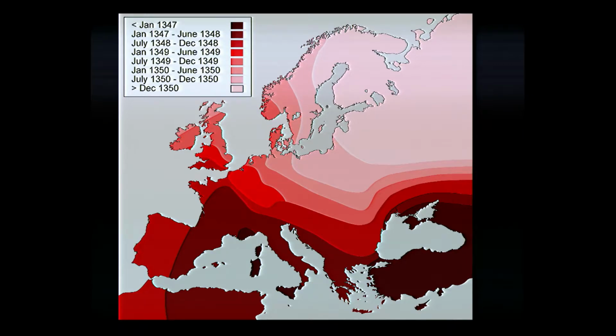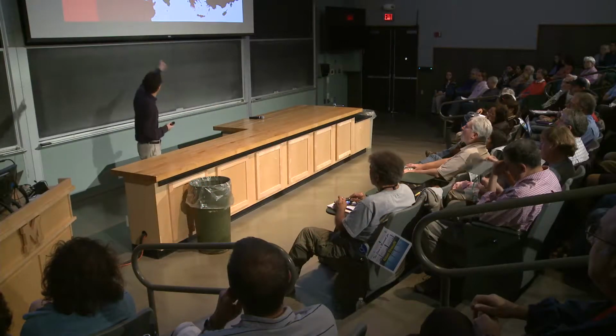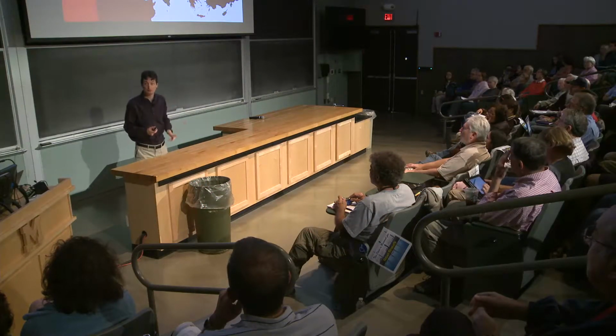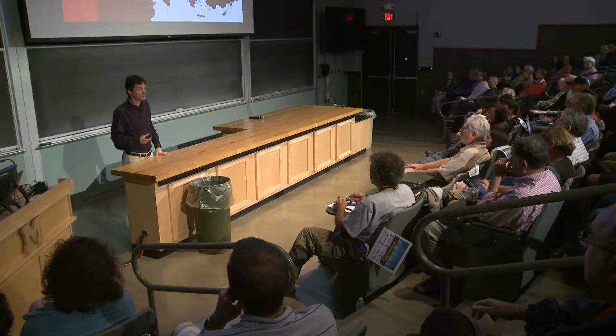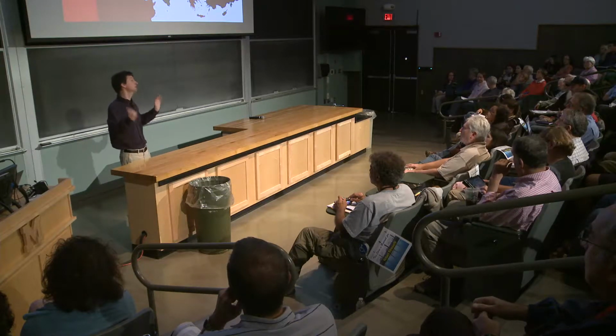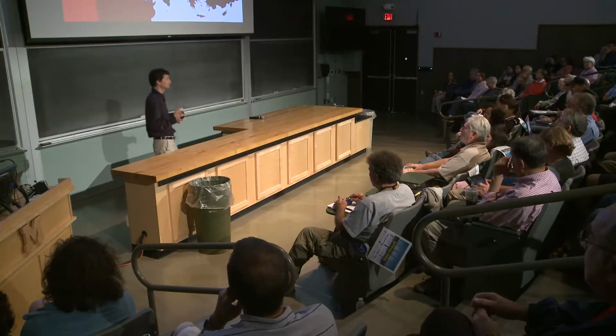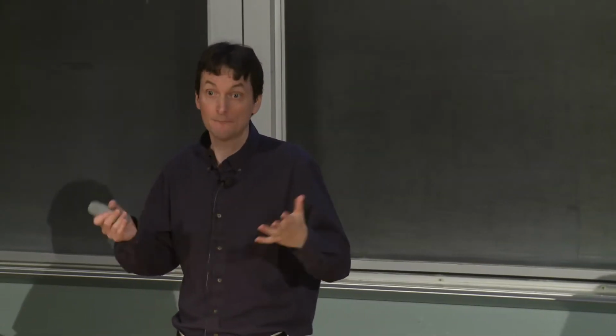So what this tells you is you didn't have the small world effect back in the 14th century. We do now. You can tell that by the way diseases spread, or by Milgram's experiment. But back then, at least looking at the way this disease spread, it looks like there was no small world effect. So the small world effect is not a given thing. It's not something that happens automatically. Apparently, it didn't exist a few hundred years ago. It's a modern phenomenon.